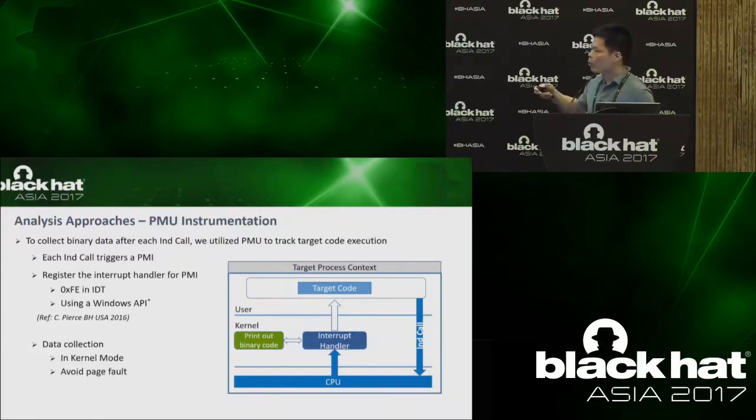By programming a set of model-specific registers, each indirect call in the target code would trigger a PMI, a performance monitoring interrupt. So each indirect call triggers an interrupt. Then we registered our interrupt handler in two different ways to collect the context information we are interested in.